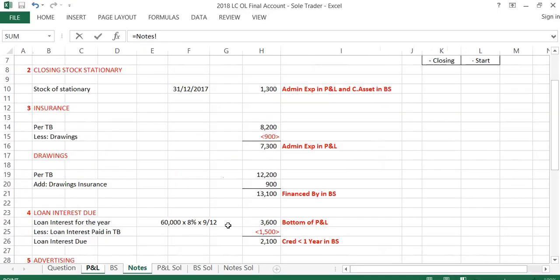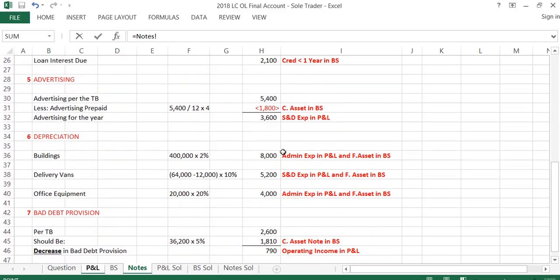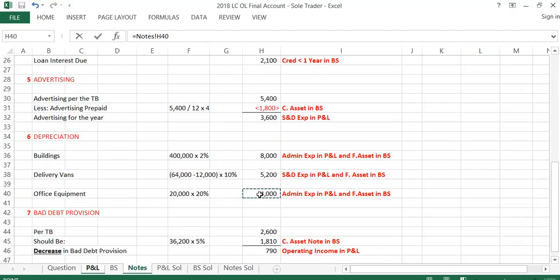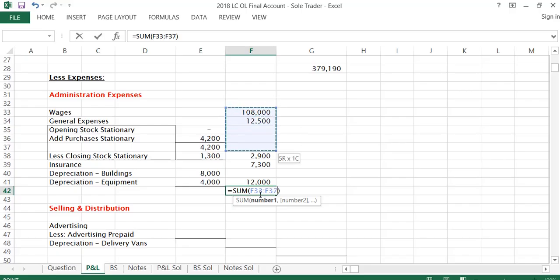So depreciation of buildings was 8,000, and the depreciation of equipment was 4,000. So that will give me a total depreciation, if I added them together, of 12,000. So now if I add all my admin expenses, my total admin expenses for the year come to 142,700.